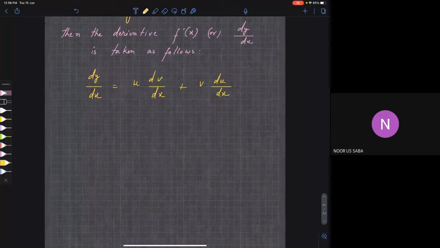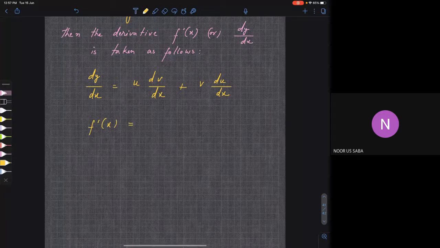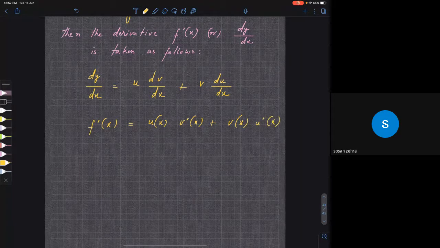Or f dash of x can be written as u of x into v dash of x plus v of x into u dash of x. You are getting my point?